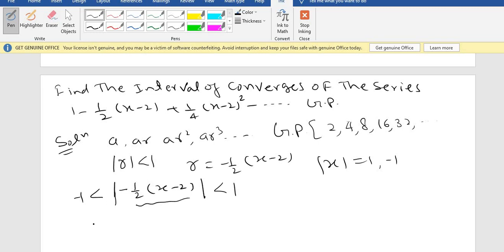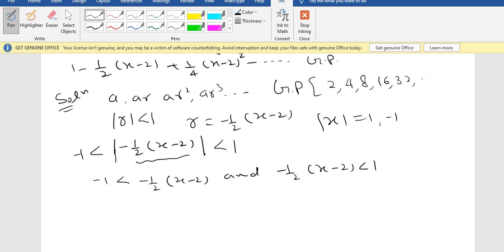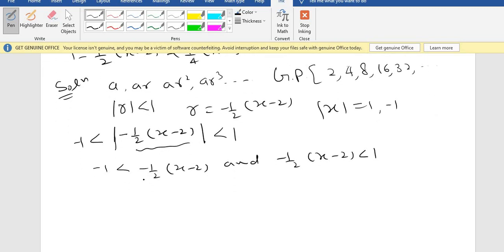So solve it. It means minus 1 is less than minus half (x minus 2), and minus half (x minus 2) is less than 1. When you solve it, just multiply by 2. So minus 2 is less than minus x plus 2. We need to solve for the value of x.